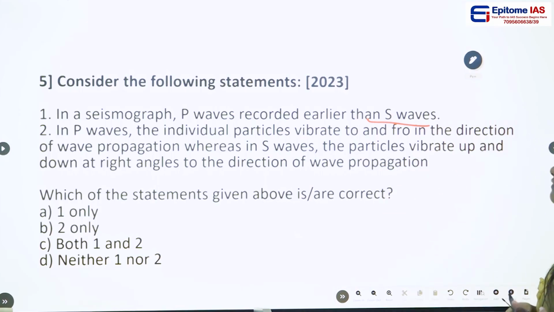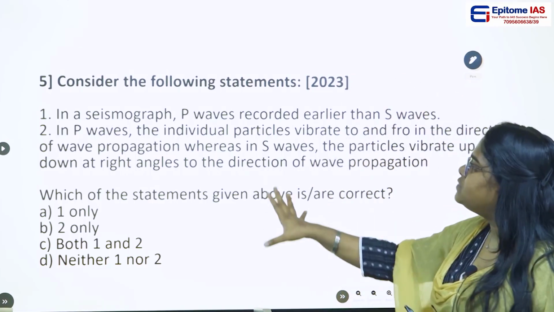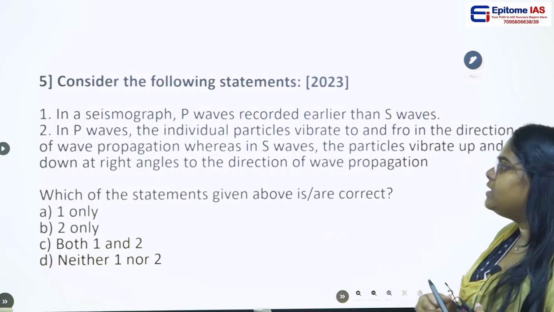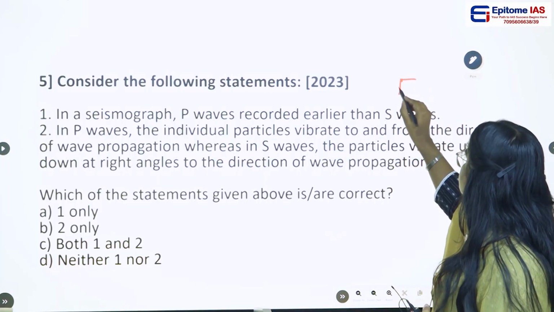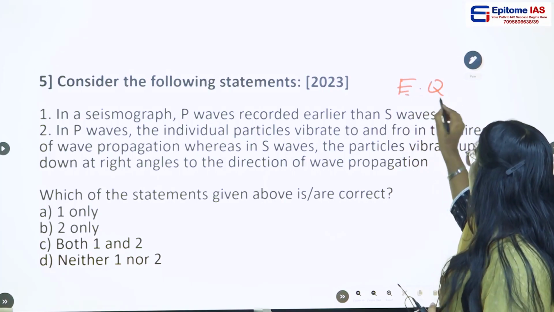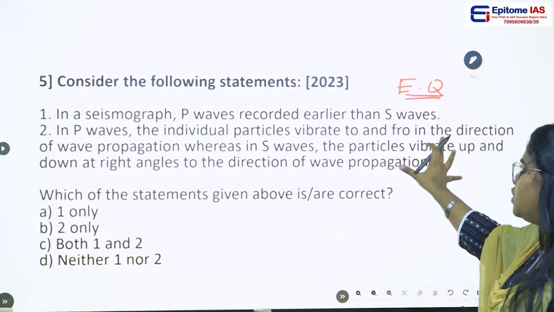First of all, we have to understand what these P waves and S waves are, and what their important characteristics are. There are certain waves which are related to an earthquake.